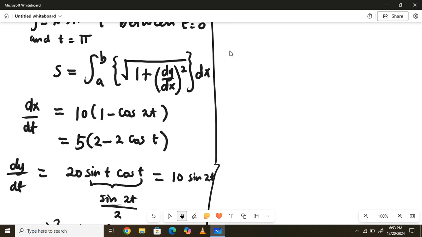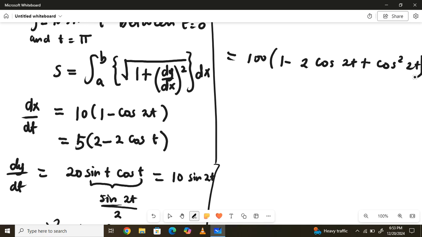When we square dx/dt, we are going to have, let's just write beside it, 100 into 1 minus 2 cos 2t plus cos squared 2t. We are going ahead to square dy/dt and add, and dy/dt squared will give us 100 sin squared 2t.